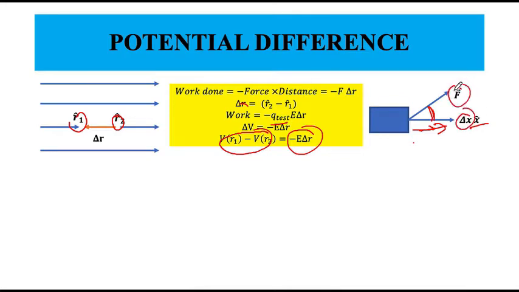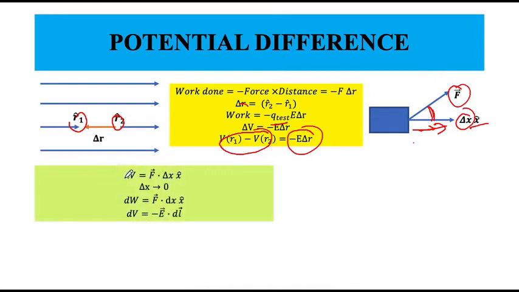So I know that the amount of work done is F dot delta x, and in the limiting process where delta x goes to 0, it becomes dx, so the differential amount of work done is actually equal to F dx x hat. Okay, so this is the amount of work done.